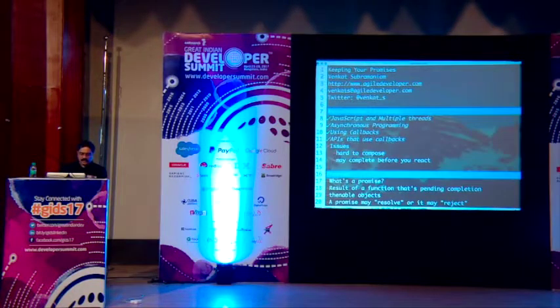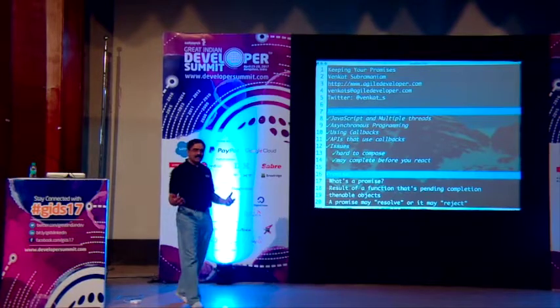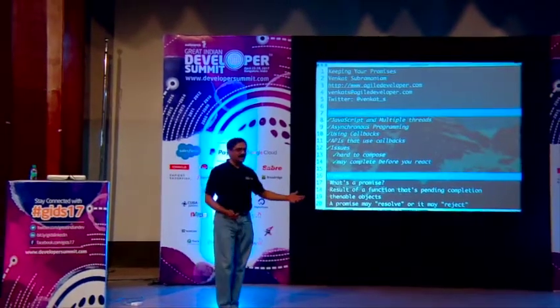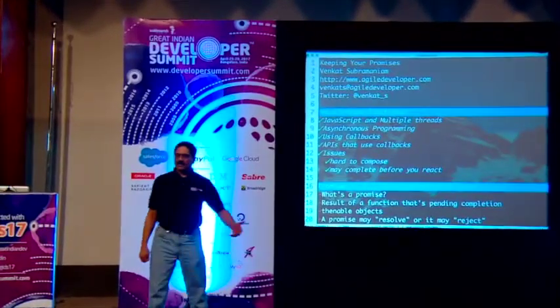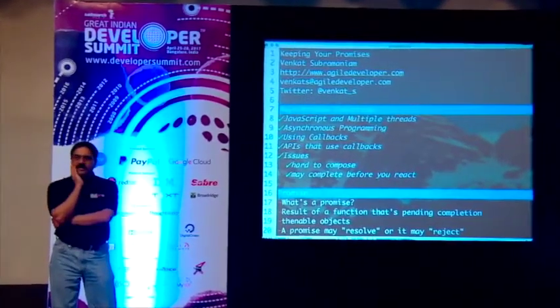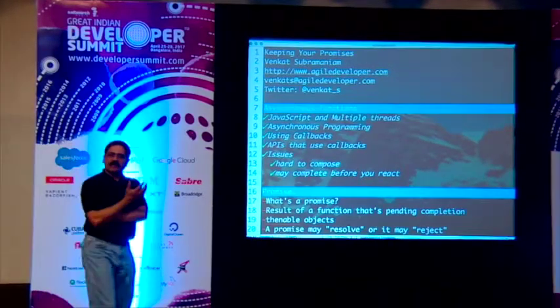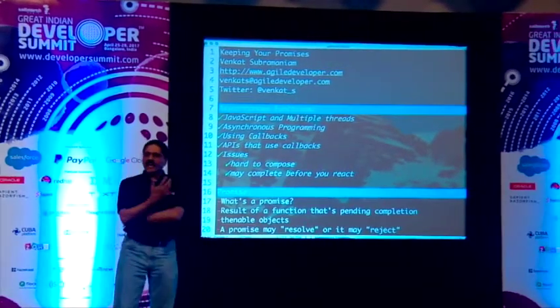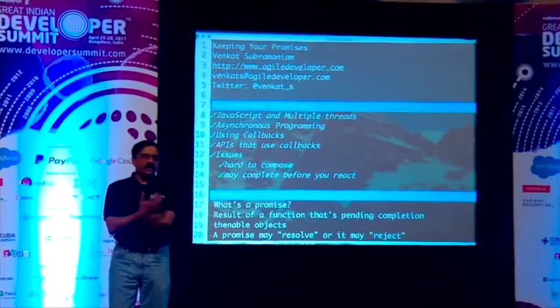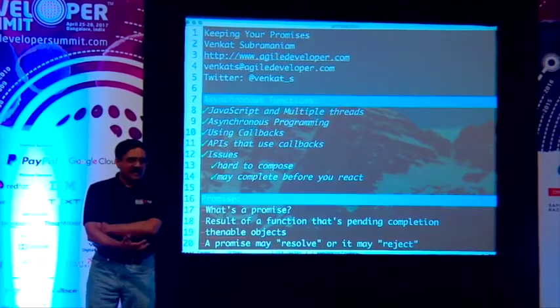That's one issue. Second issue is, by the time you register your callback, the function may actually finish. Then what happens? Your callback is just waiting. For what? Something that will never ever happen. This is like a person waiting to get married and waiting for a perfect love. That's not a smart thing to do.